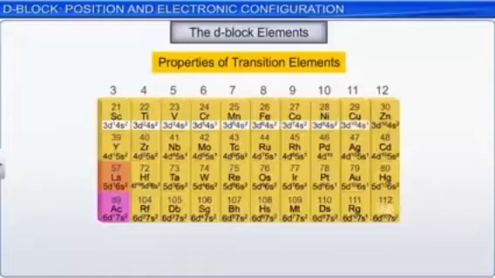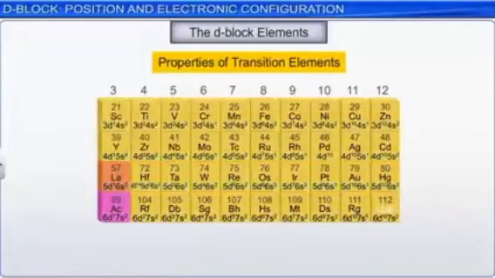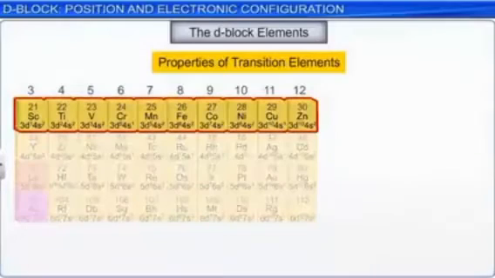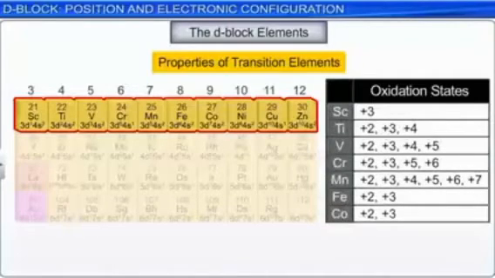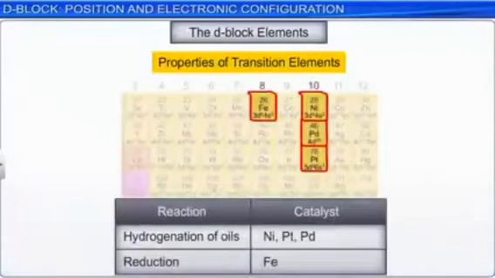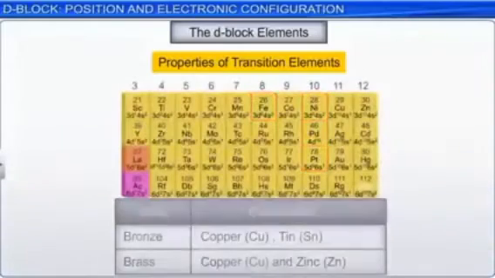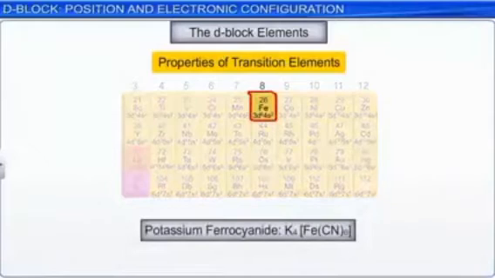Thus, with partly filled d orbitals, these elements exhibit certain characteristic properties, like display of a variety of oxidation states, catalytic properties, alloy forming ability, complex forming ability, formation of colored hydrated ions and salts, and para- and ferromagnetic properties.